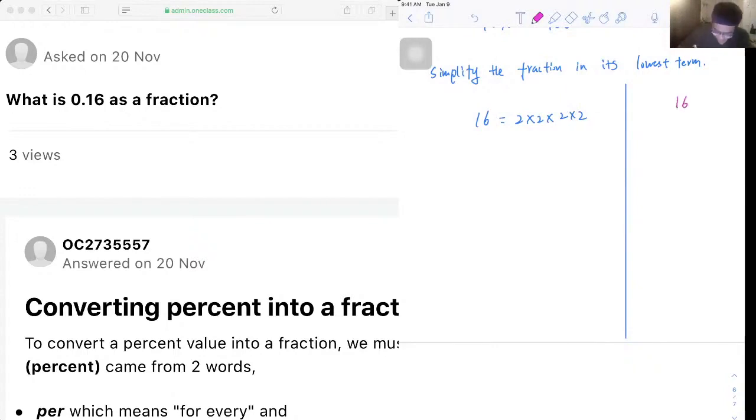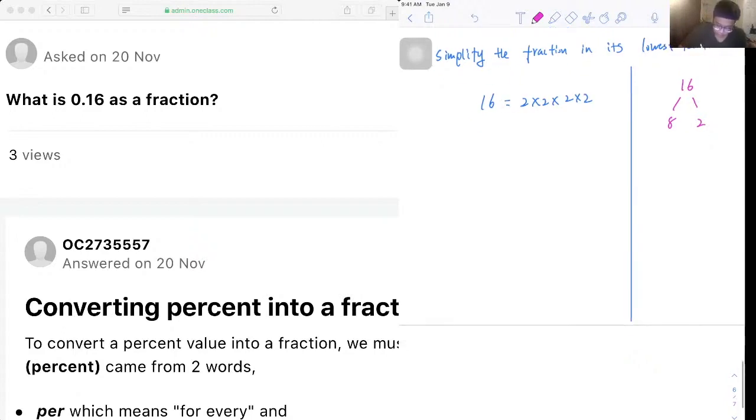So 16 could first be represented by 8 times 2, right? Because 8 times 2 is equal to 16. And we know that 2 is a prime number already, so we cannot do too much on it. So now we just need to focus on the 8 part. 8 can also be written as 4 times 2, because 4 times 2 is equal to 8. And we got 2 again, so we just leave it there.